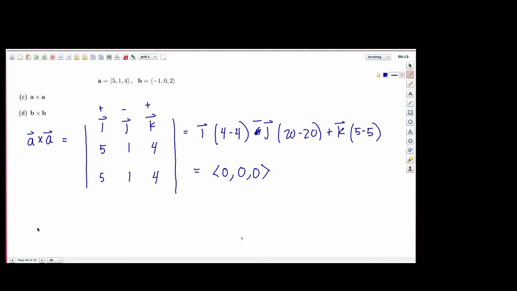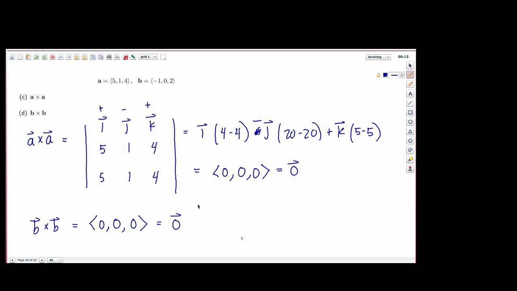And now I think you should be able to see that when you do B cross B, there's nothing special about the 5, 1, 4 here, this same thing is going to happen. Do it as an exercise to check, and again you're going to get 0, 0, 0. So if you cross a vector with itself, you get the zero vector. One thing you'll want to be careful of, this is the zero vector, not the scalar 0.